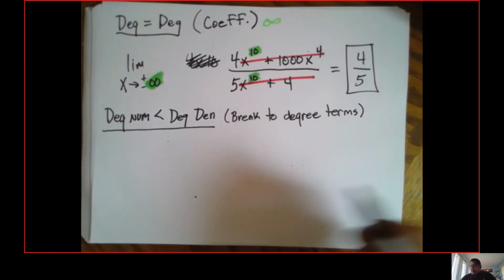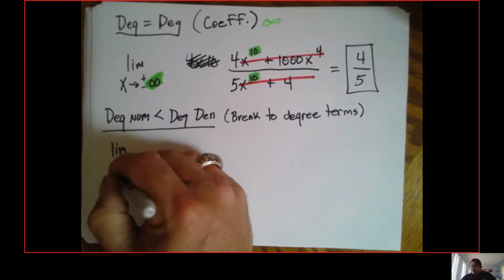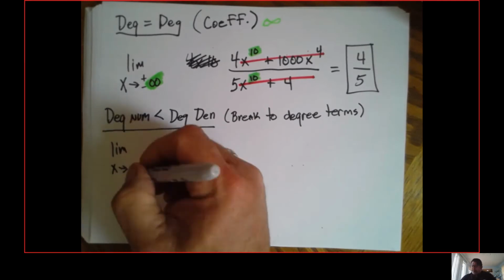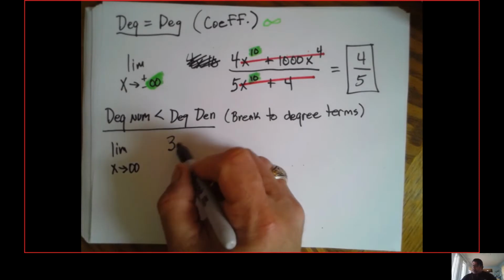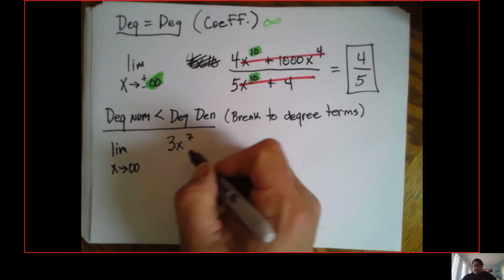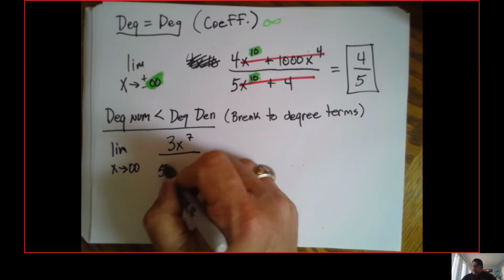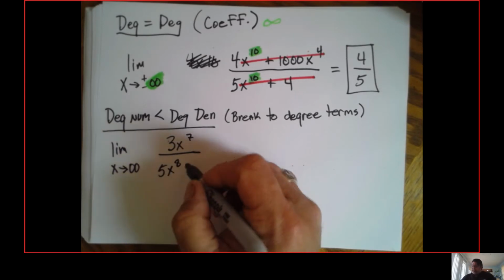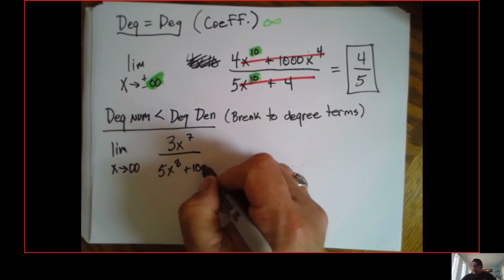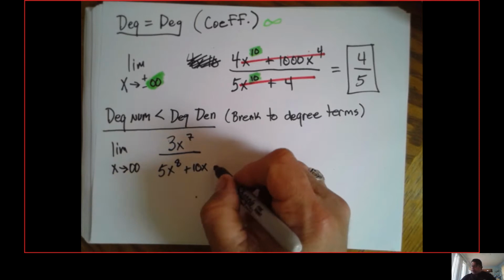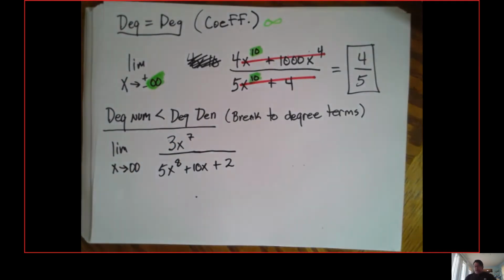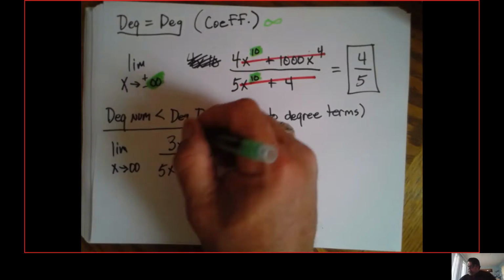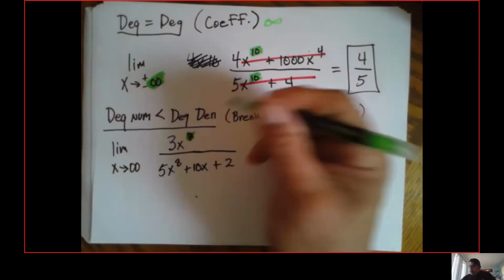So let's do the limit as x approaches infinity, I want to make sure we're still dealing with infinity, of 3x to the 7th over 5x to the 8th plus 10x squared, 10x plus 2. And I'm going to take my green highlighter and focus. There's your leading degree in the numerator.